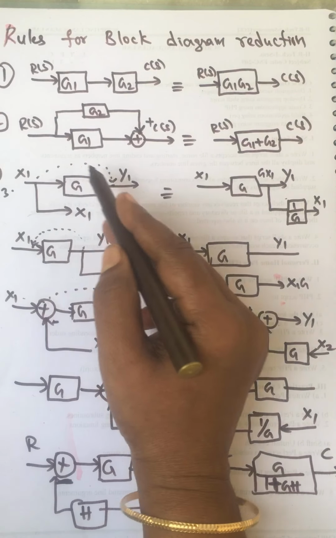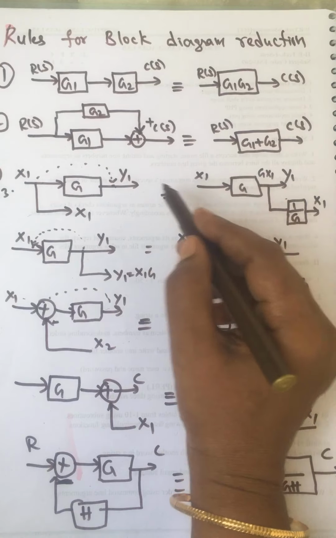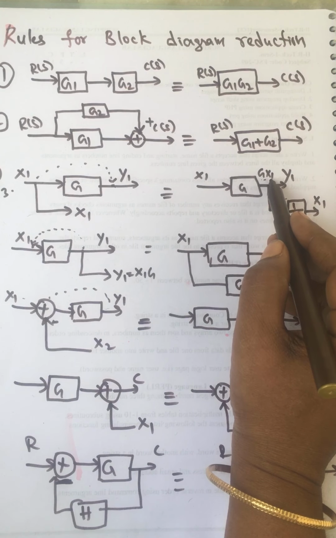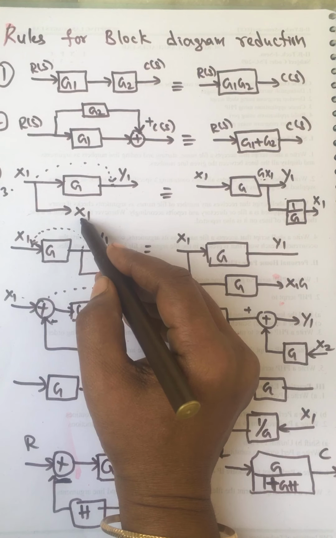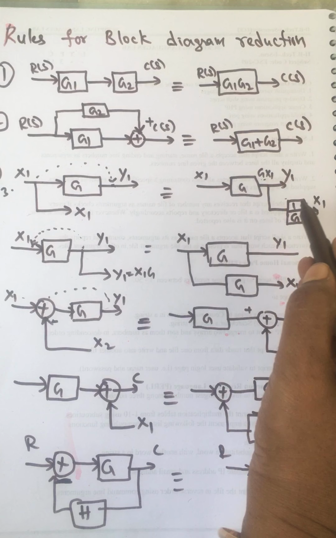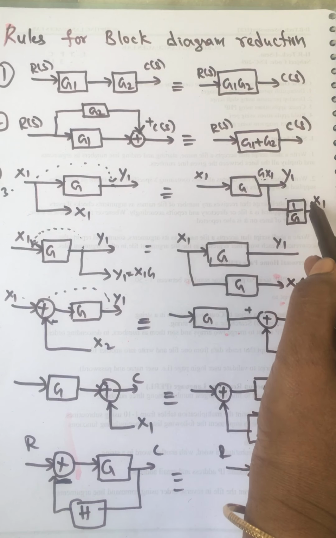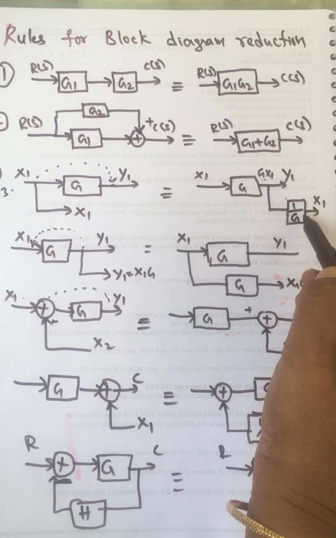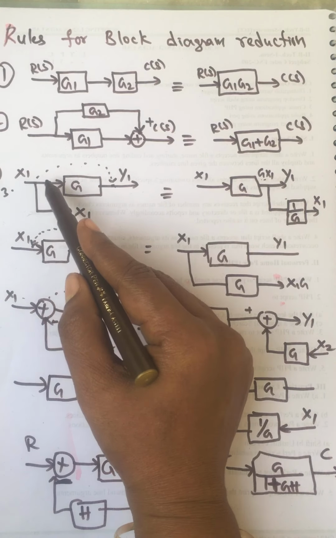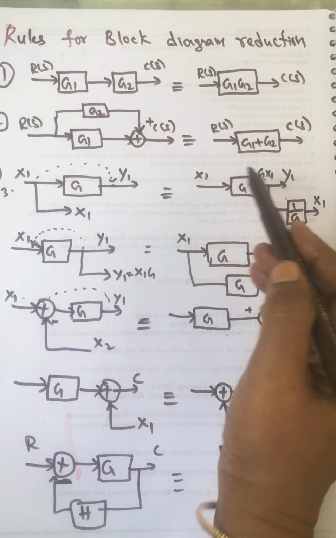Since you are shifting this takeoff point after the block, the output after the block is gx1, but the value at the takeoff point here is x1. So we have to remove g. To remove g, we need to add a block with gain 1 by g. So we add a block with gain 1 by g whenever we want to shift a takeoff point from before a block to after the block.